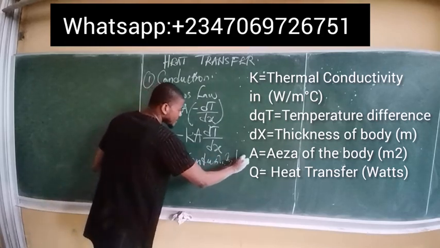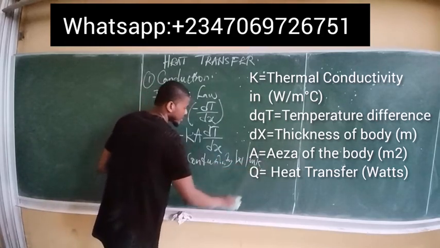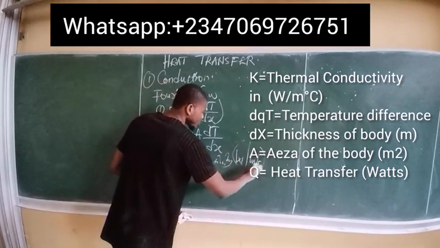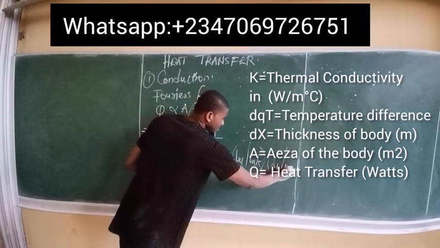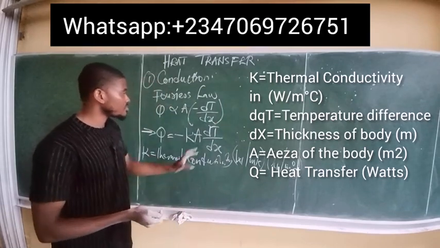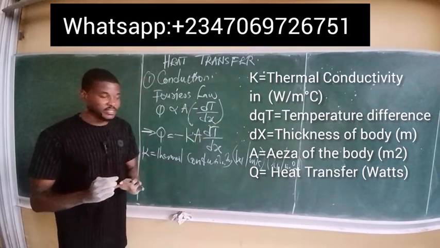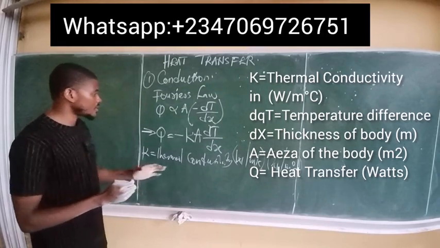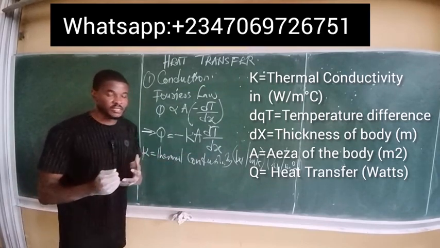The unit is watts per meter Kelvin, or most textbooks also use watts per meter degrees Celsius. That's the unit of k. The dT simply means difference in temperature, and the dx means difference in the thickness of the body.